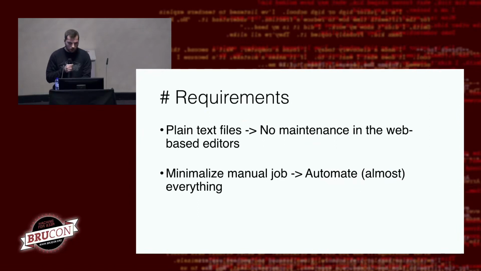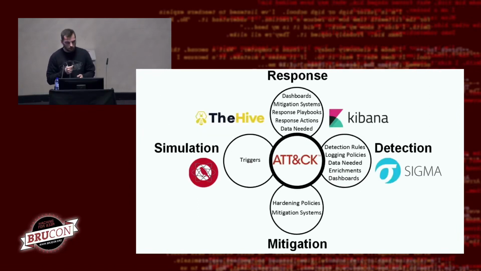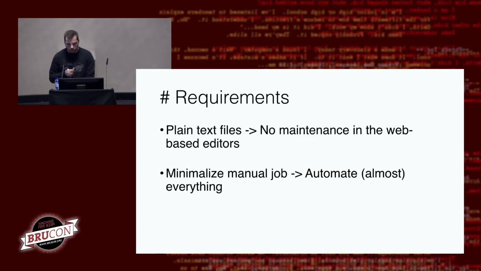So we implemented this kind of approach, but we want to build a tool which will allow us to do more things in an automatable way. So less manual job, more automation. And we set a few requirements for ourselves. First of all, plain text files. This has some historical reasons.